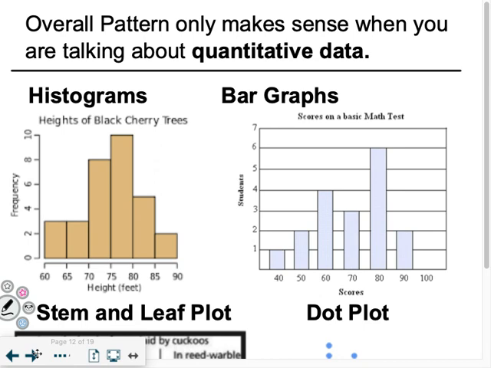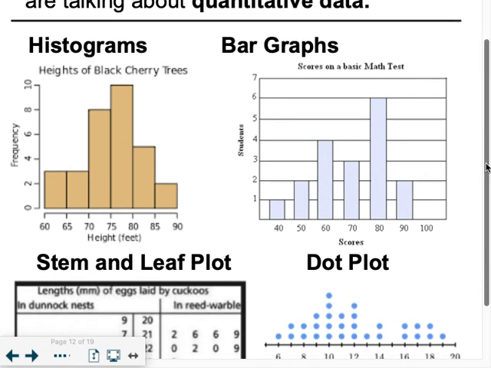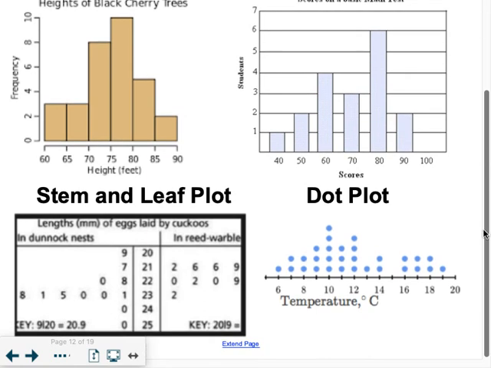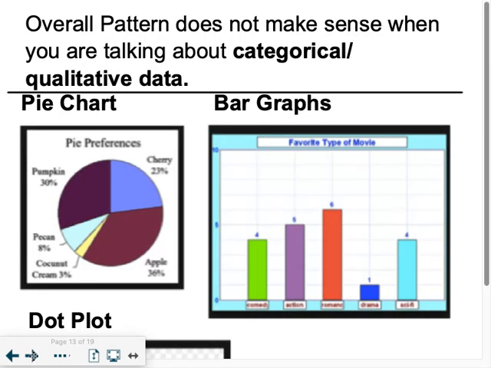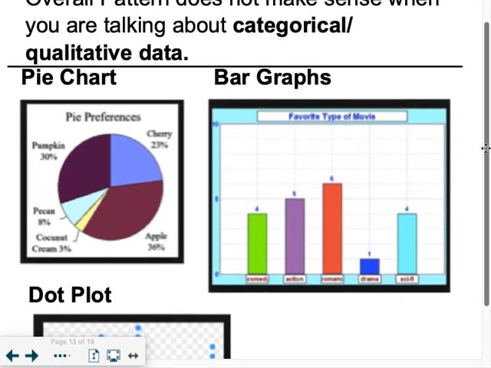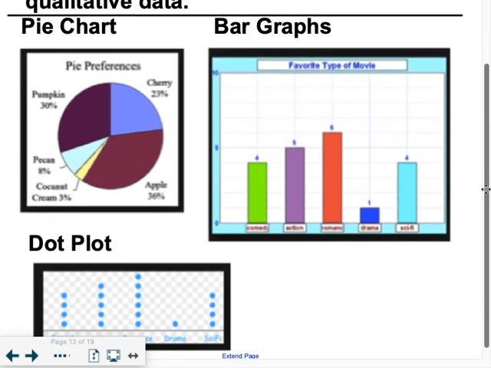Our examples are a histogram, a bar graph, a stem and leaf plot, and a dot plot. We've seen some of these already today, and you're going to see them more this chapter as well. Overall pattern does not make sense when you're talking about categorical or qualitative data. There we use pie charts, bar graphs, and dot plots.